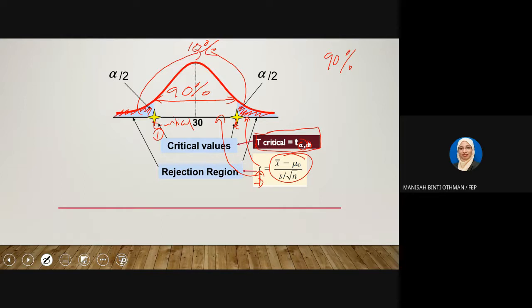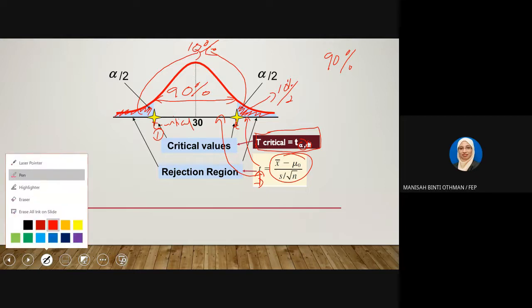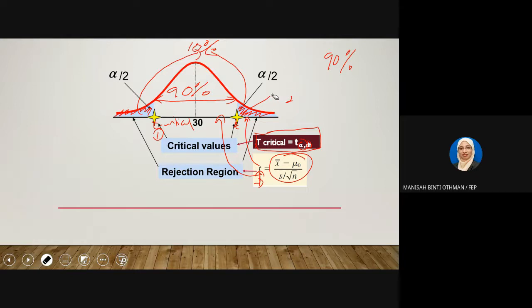So if your confidence level is 90%, the rejection area is 10%. If you have two rejection areas, you have to divide by 2. So 10%, or 0.1, divided by 2 equals 0.05.